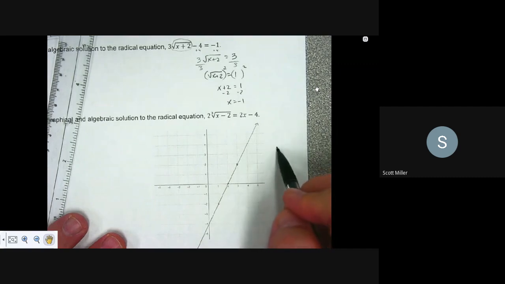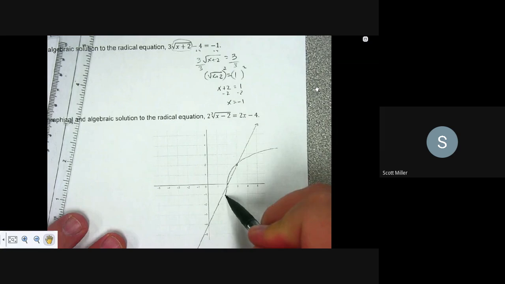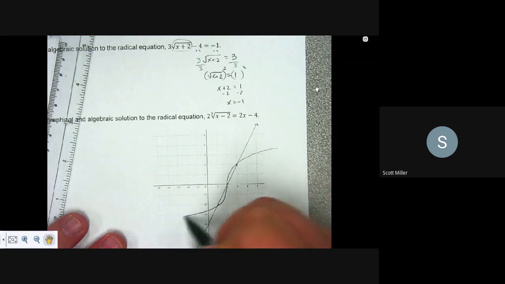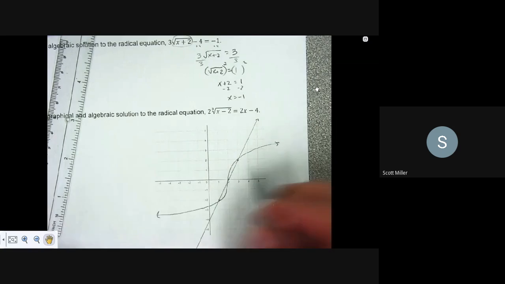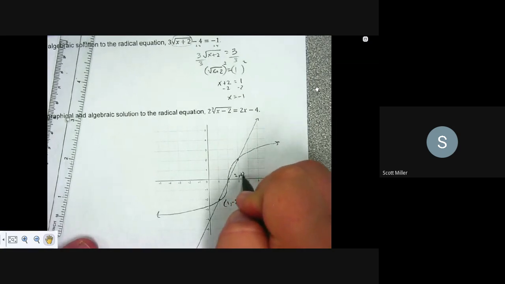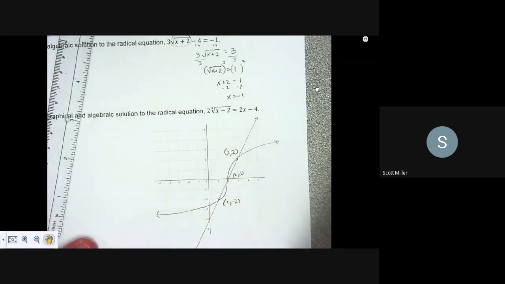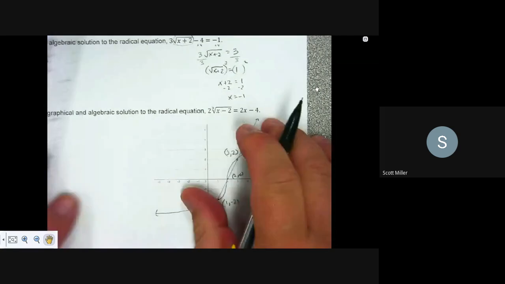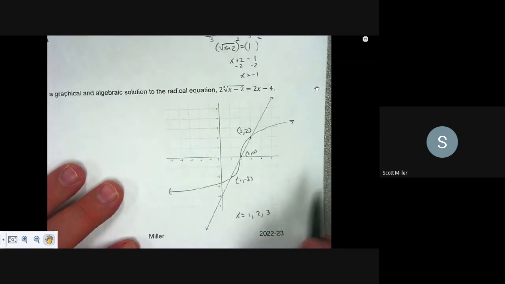So it's going to come in over here, flatten out, and then curve off in this direction. And so you can see that I have these values right here, 2 and 0, and this one is 3 and 2. My 3 solutions. So the solutions are x equals 1, 2, and 3. Those are going to be the solutions when we solve this algebraically.